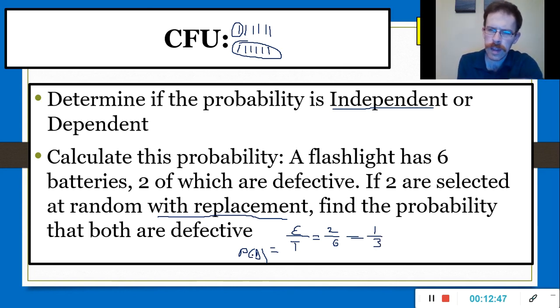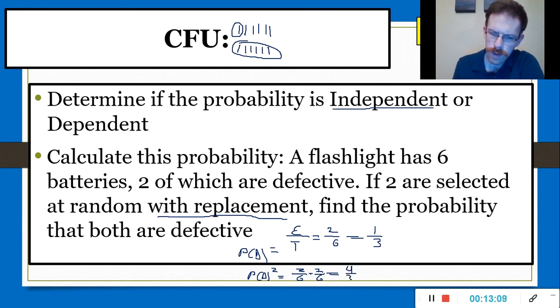Well, that's for 1. What do we do in the last problem if there's more than 1? It's going to be squared, because there are 2 of them. So that's going to be 2/6 times 2/6. You can multiply them straight across.